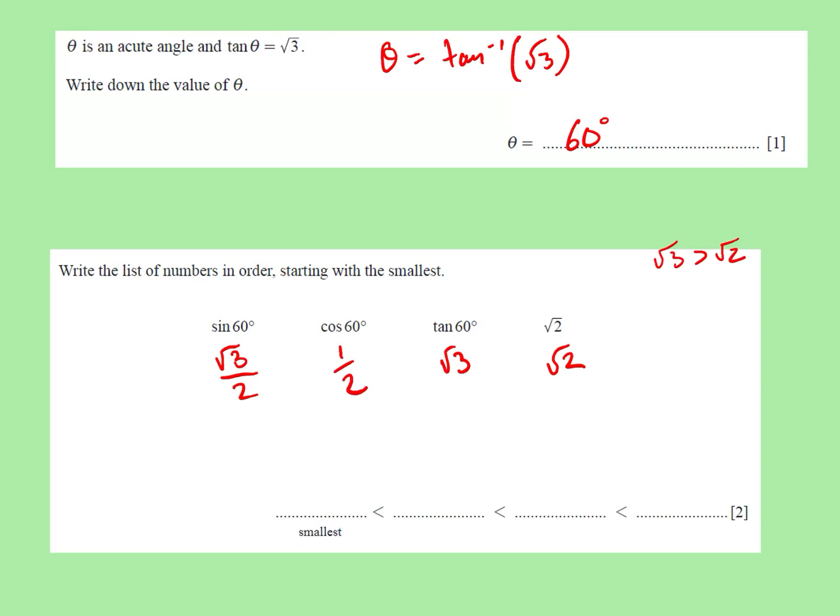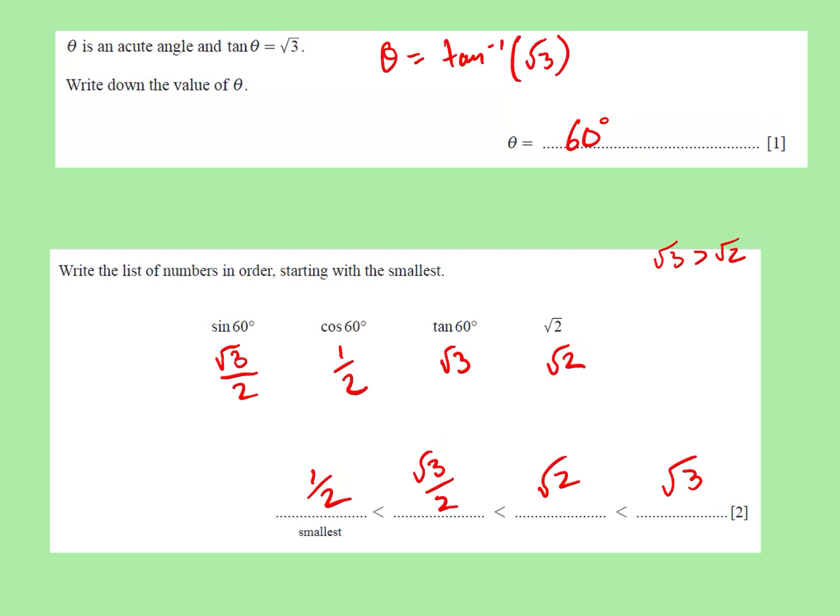Well, no. You need to find a way of working that out, but root 3 over 2 is definitely smaller than root 2. And obviously, a half is going to be the smallest number here. So we're going to start with a half. Then root 3 over 2 is going to be smaller than root 2. And then root 3 is going to be the biggest number.